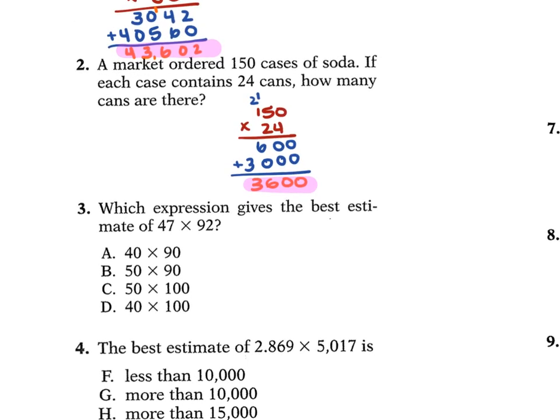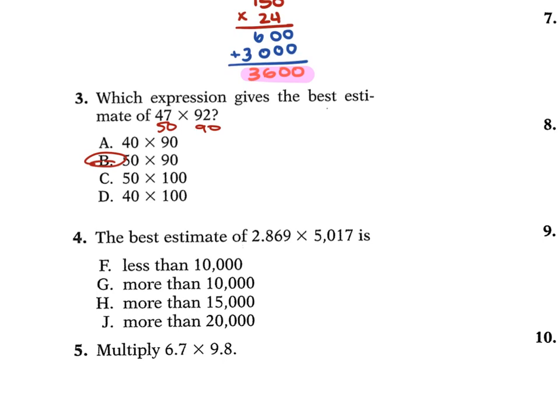For 3, it says, which expression gives the best estimate for 47 times 92? Well, 47 could round to 50, and 92 would round to 90. So B would be your answer. For 4, it says the best estimate of 2.869 times 5,017 is less than 10,000, more than 10,000, more than 15,000, or more than 20,000.